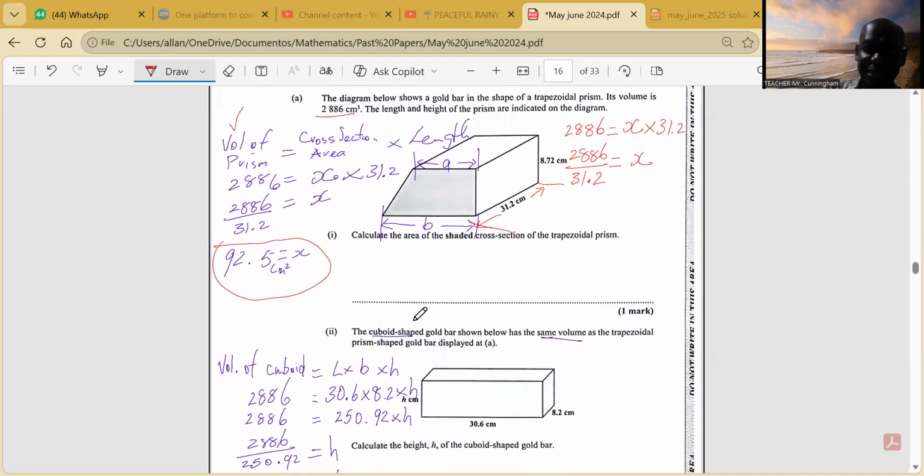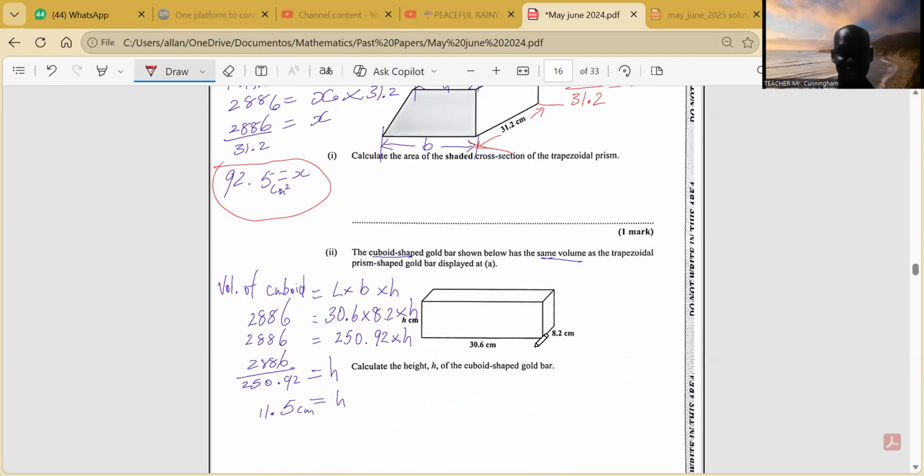they said that a cuboid-shaped gold bar shown below has the same volume as the trapezoid prism gold bar. Calculate the height.